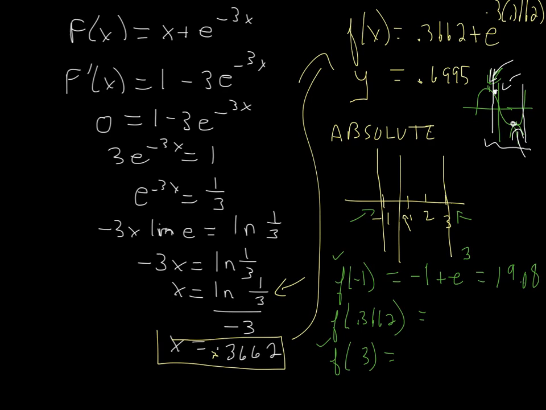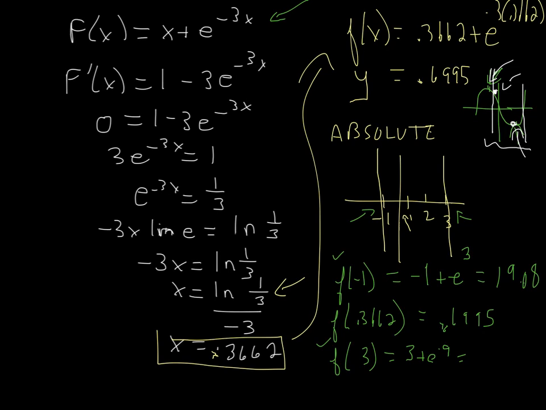Now, for f at 0.3662, we already know that that comes out to 0.6995 because we worked that out as our turning point or our critical value. And f at 3 is going to be 3 plus e to the 9. I made a mistake, e to the negative 9, sorry. I'm just putting that back into the f of x equation.